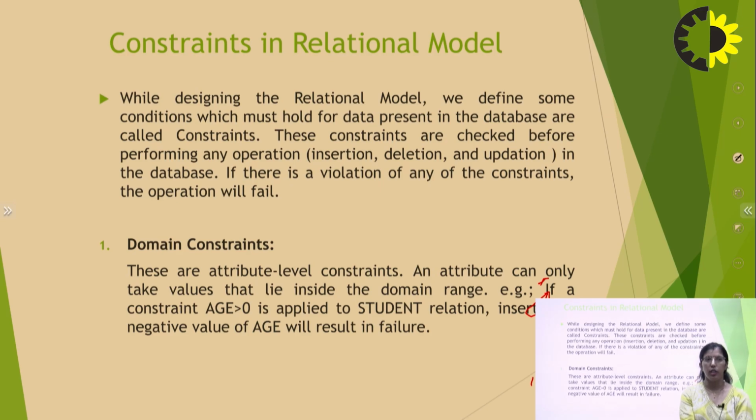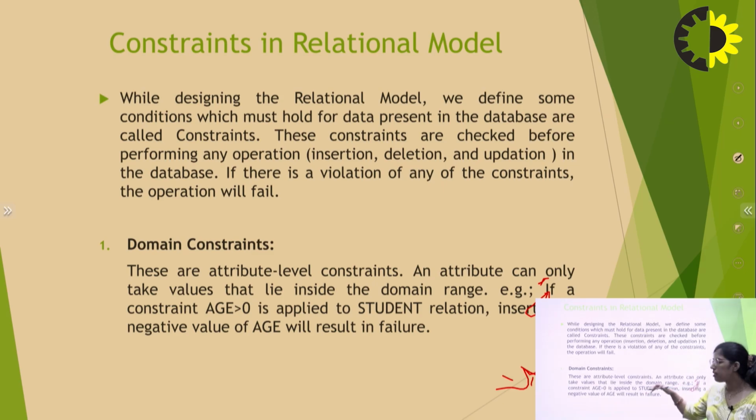If there is a violation of any of the constraints, the operation will fail. So first constraint is your domain constraint. These are attribute level constraints. An attribute can only take values that lie inside the particular domain range. For example, the age of the student must be greater than 0.